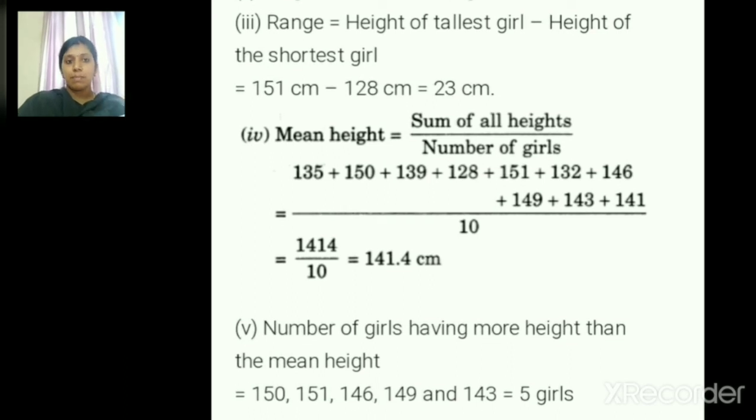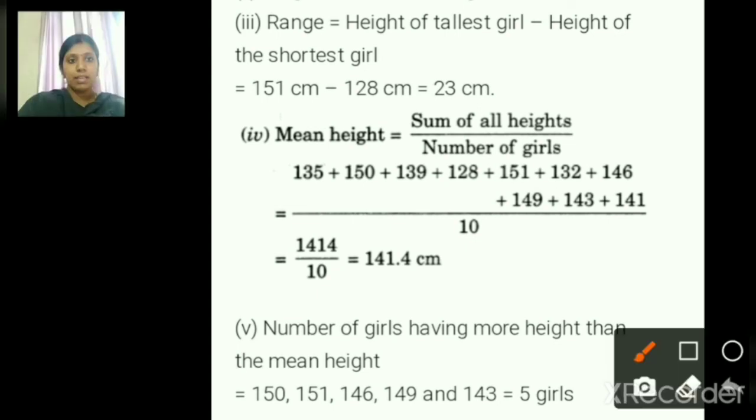What was our fifth subdivision? We have to write the heights which are more than the mean height. Okay, so which are the heights more than this mean height? The mean height we have is 141.4. So we have to write the heights which are more than 141. What all heights do we have more than 141 here?